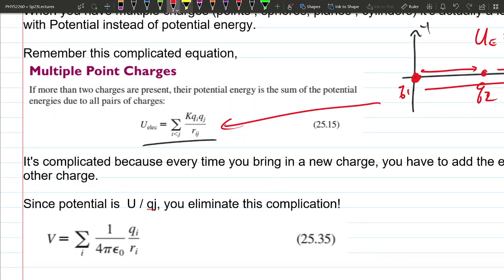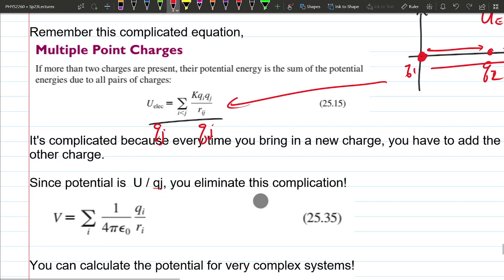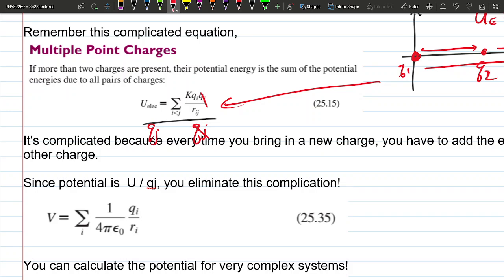If we're talking about potential, or voltage, instead of potential energy, as usual we just divide by one of the charges. In this case, we divide by charge J. When you divide by charge J, the charge J cancels out.